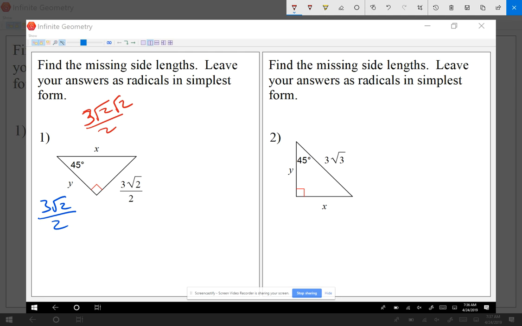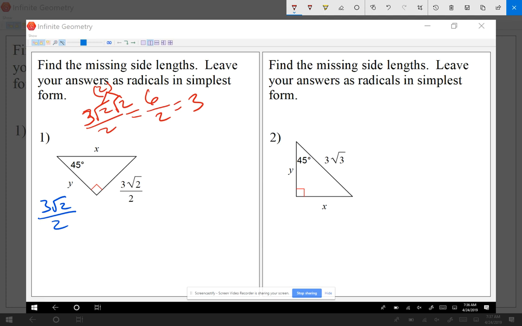So the number given times radical 2. Now I see that the top, 3 times radical 2 times radical 2, should become 6, because when you combine the two radicals, that becomes a whole number 2. When I combine my whole numbers, I get a 6. So I have 6 over 2, better known as 3.